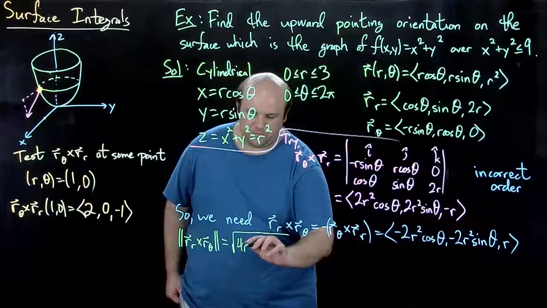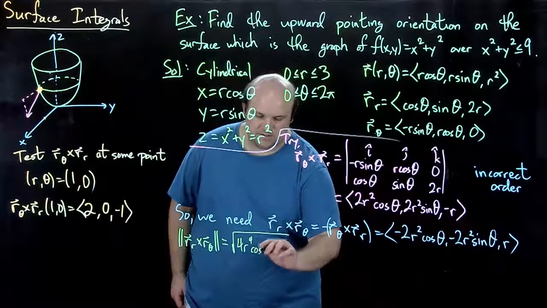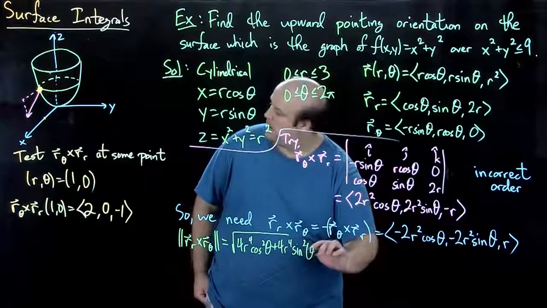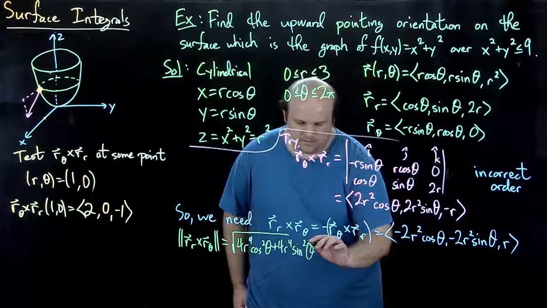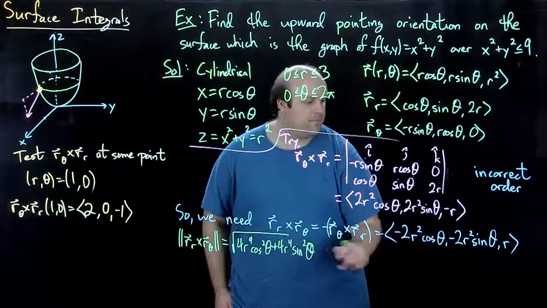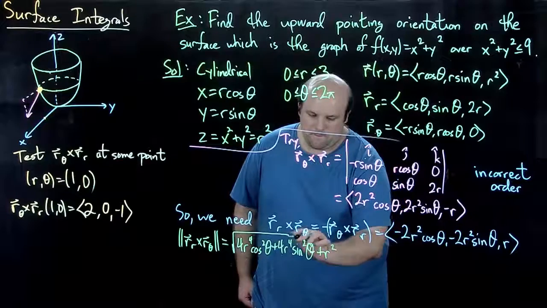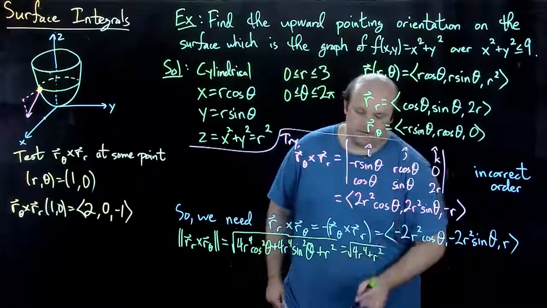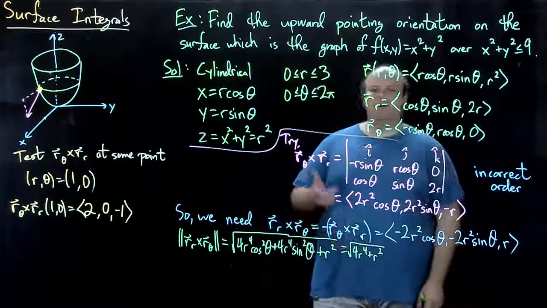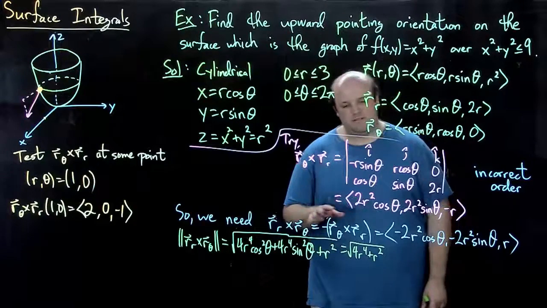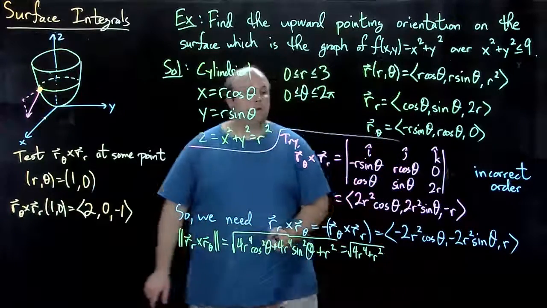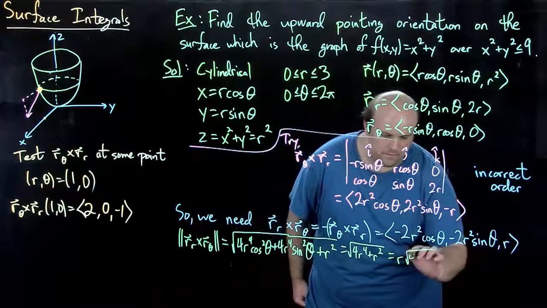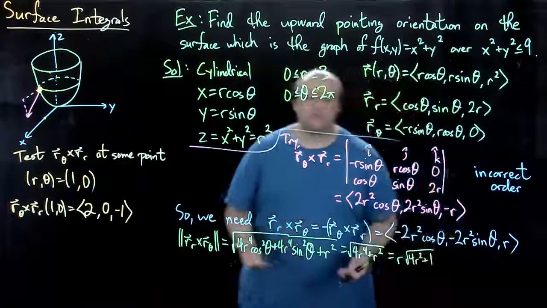Right, so we have 4r to the 4th cosine squared theta plus 4r to the 4th sine squared theta, plus r squared. Right, so this is just square root of 4r to the 4th plus r squared. You could simplify that a bit to r times the square root of 4r squared plus 1, and we can cancel some r's here, so 4r squared plus 1.